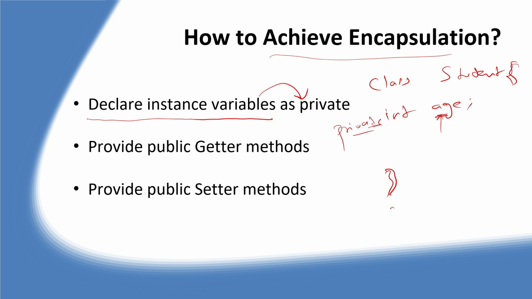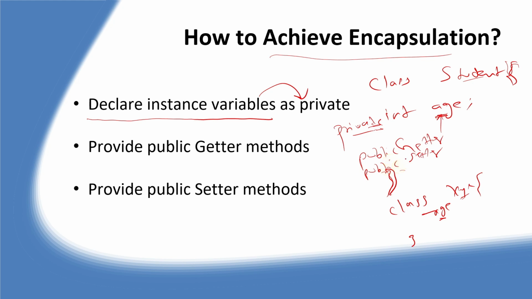Now what if there is another class, XYZ, and inside this class I want to manipulate the data of age? Since it is private, it can be accessed within the class only, but I want to use age outside the class, in some other class XYZ. How do we do that? We will have getter and setter methods inside this class Student, and they will be public.